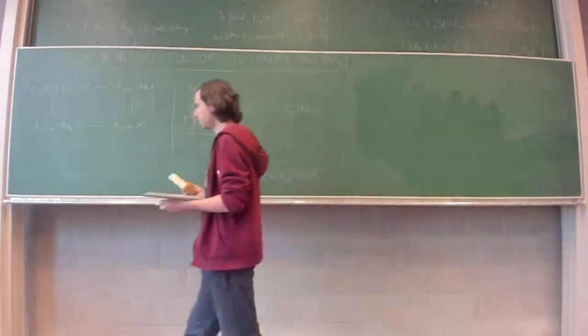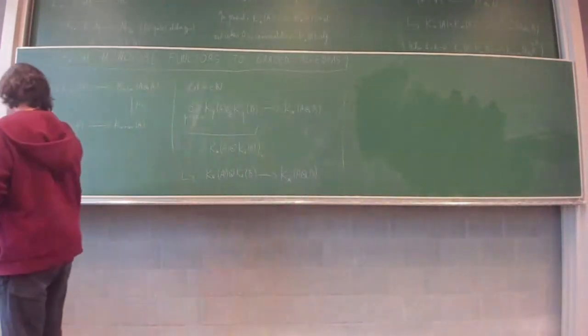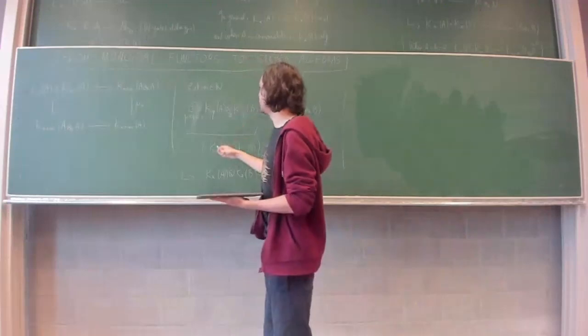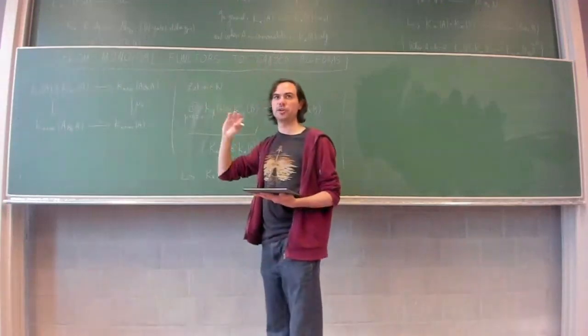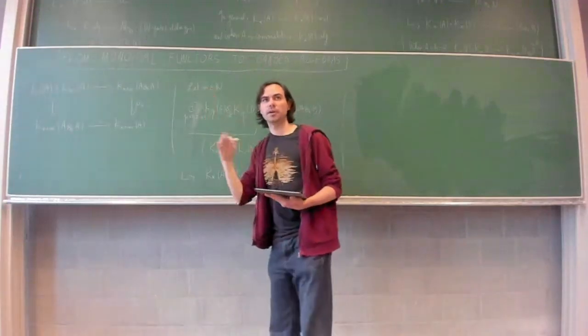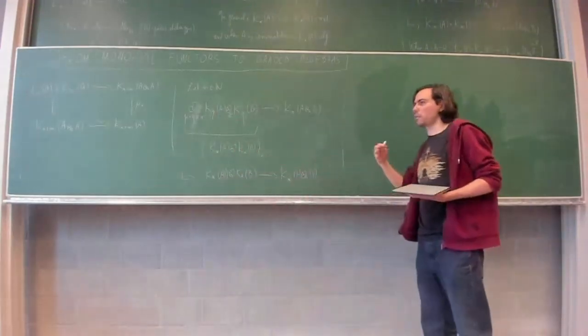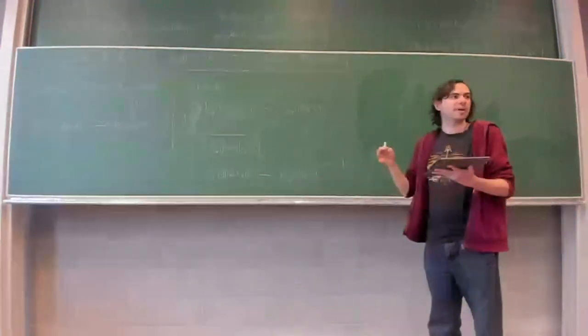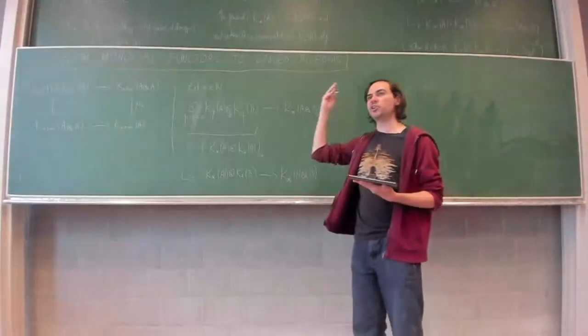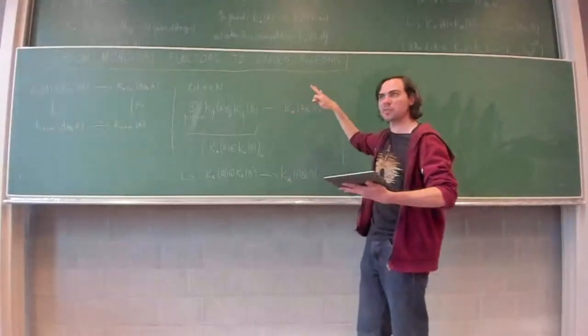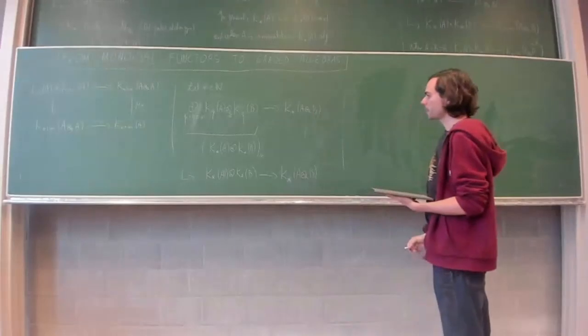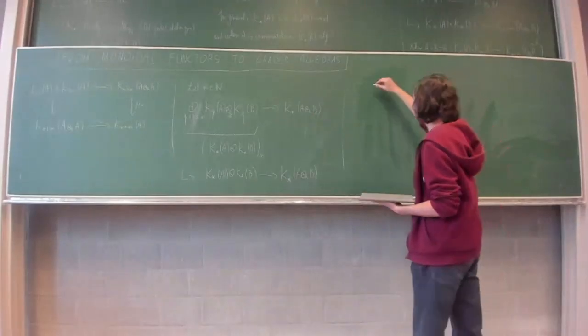So if you don't want to bother too much with K star and the grading on K-theory, you just want to think about K0, it's fine. Everything I say will still be just as interesting. If you're more interested in higher K-theory, it also works with higher K-theory.